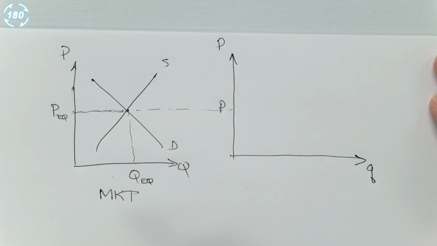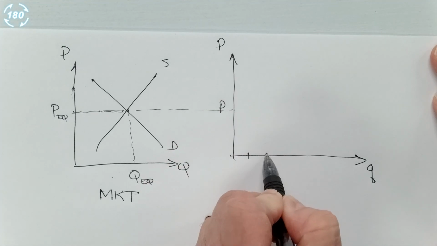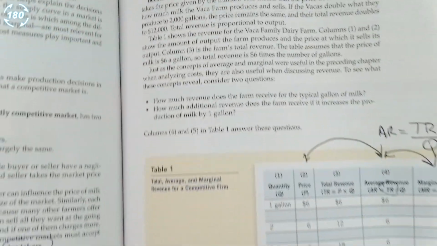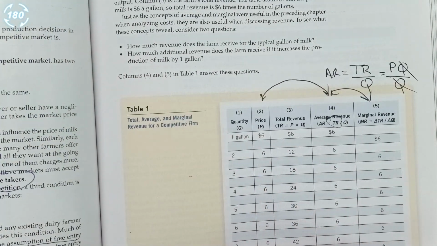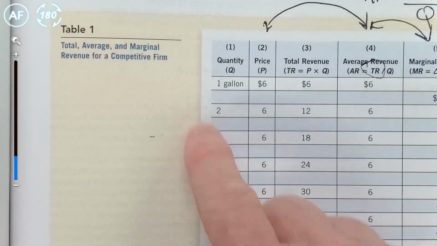Whatever that price is determined in the marketplace is the price they have to accept for each quantity. It doesn't matter which. If we look at our table here, by the way, you'll notice for quantities of 1, 2, all the way up to 8 here, it doesn't matter, the price is always the same.